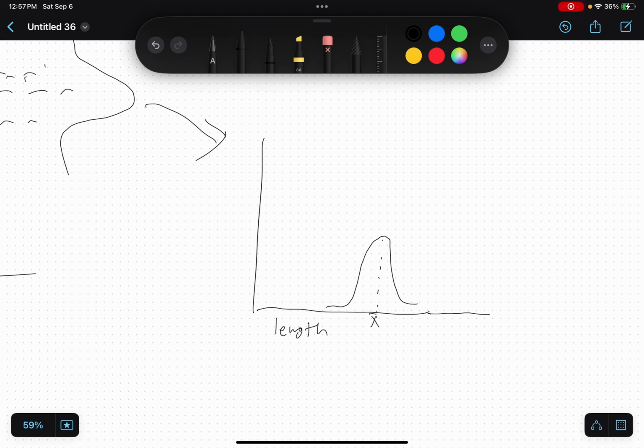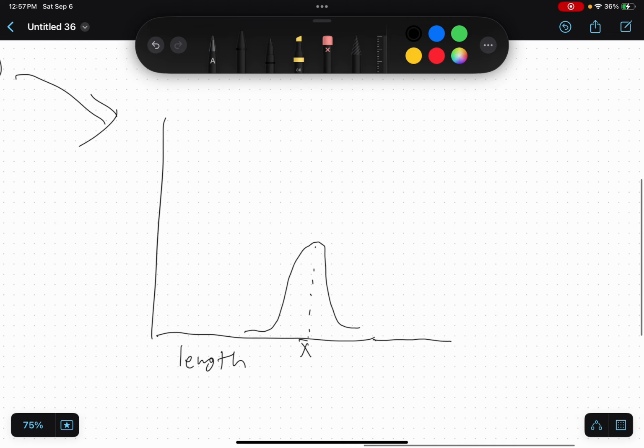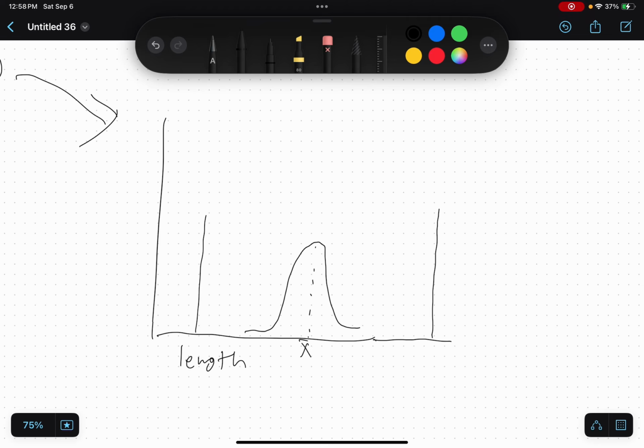So Six Sigma means that X bar is 6 standard deviations away from the upper or lower control limit, ideally both. So let's draw the upper and lower control limits. And these are just set by the tolerances that you can have. So the upper control limit, let's say it's right there. Lower control limit, let's say it's right there.